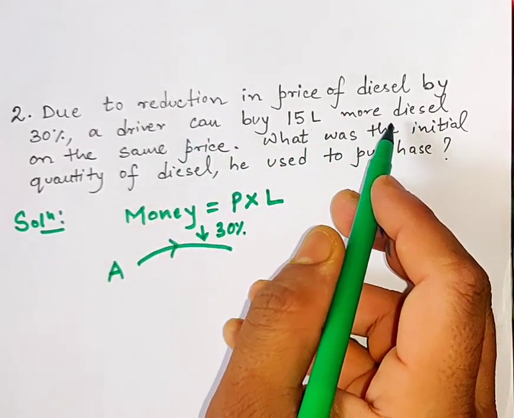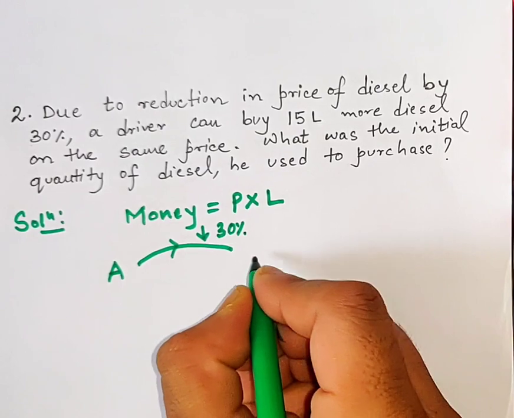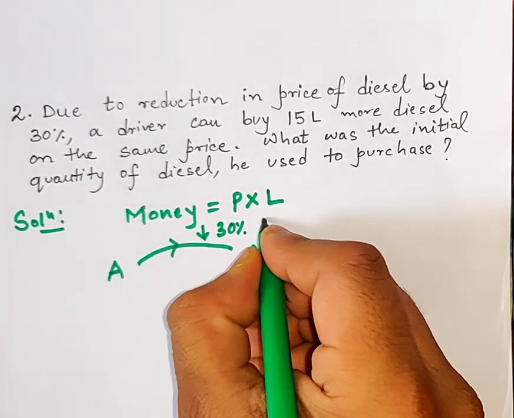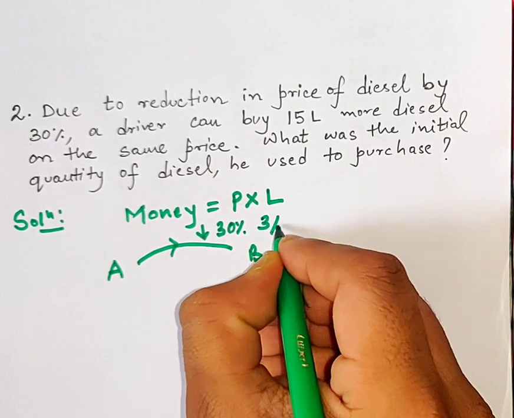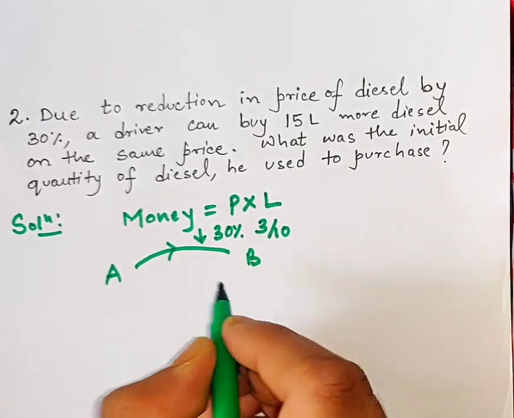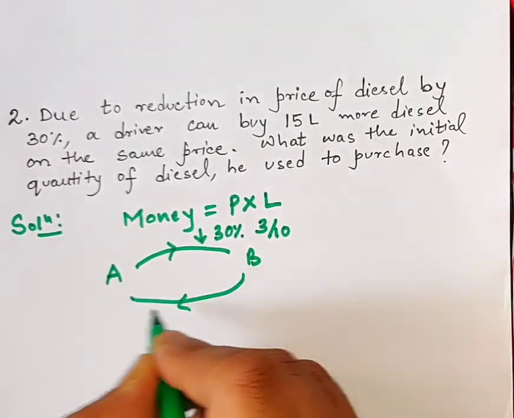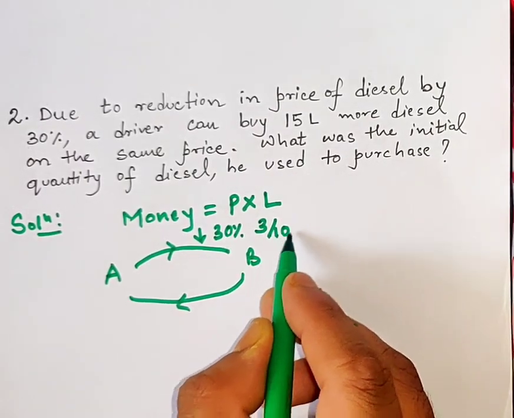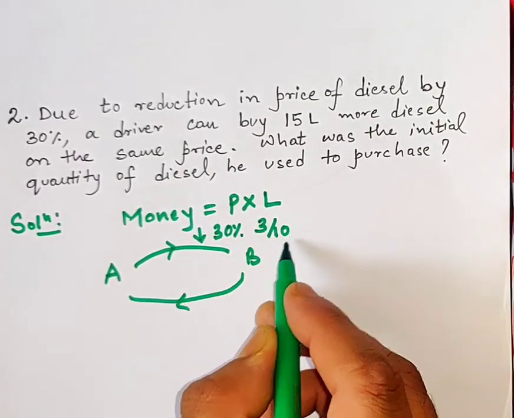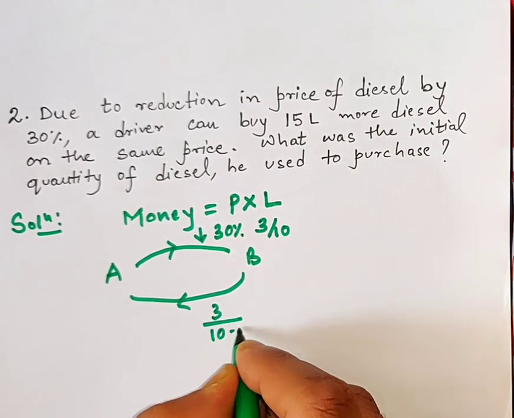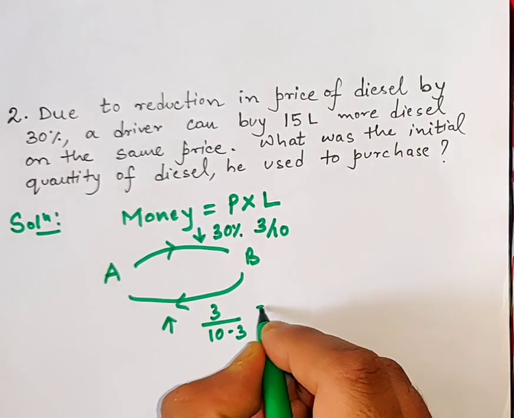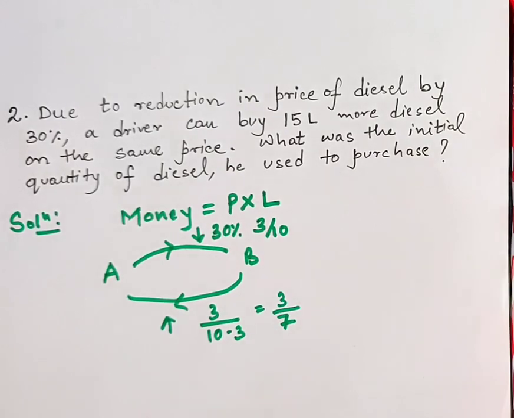A driver can buy 15 liters more diesel on the same price. 30% means how much fraction have you reduced? You have reduced it by a fraction of 3 by 10. And remember, you have reduced, so we need to increase the base. You have reduced, which means the base will decrease. So 3 by 10 minus 3, so this will increase, meaning 3 by 7.